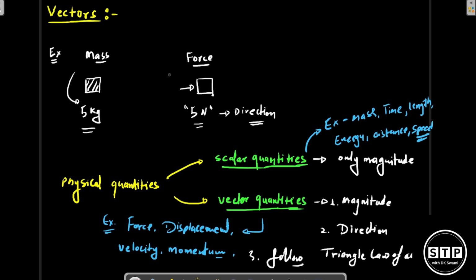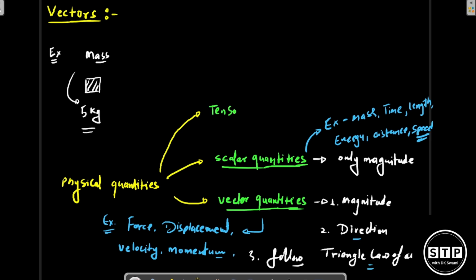Now there are some exceptions, where the quantities have direction but do not follow the triangle law of vector addition. These types of quantities are considered tensor quantities. So I'm explaining one more type. These are the two primary types of physical quantity, but we can still divide physical quantities into one more type, known as tensor quantities.